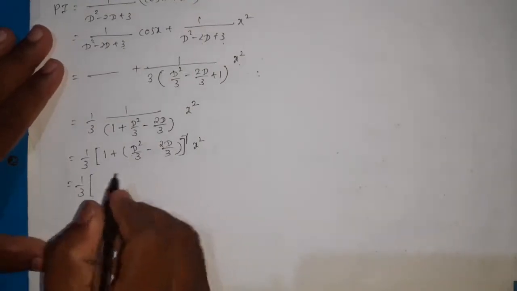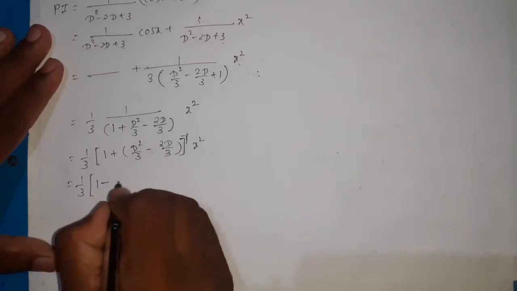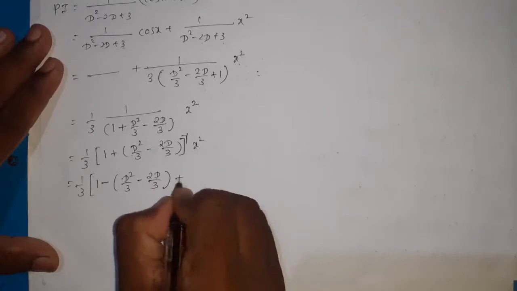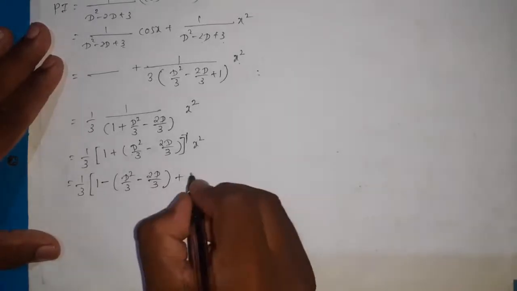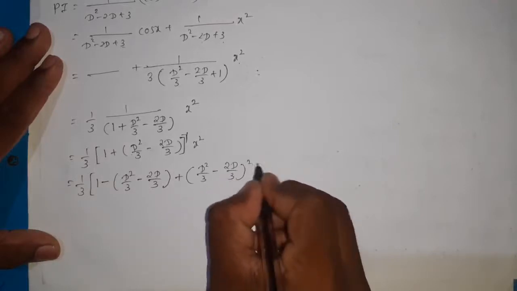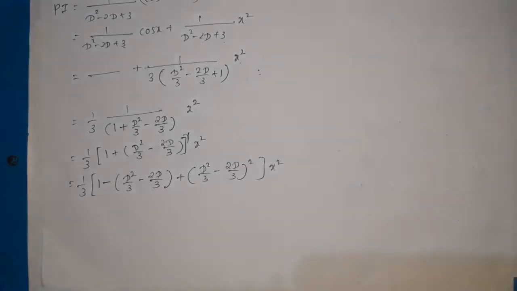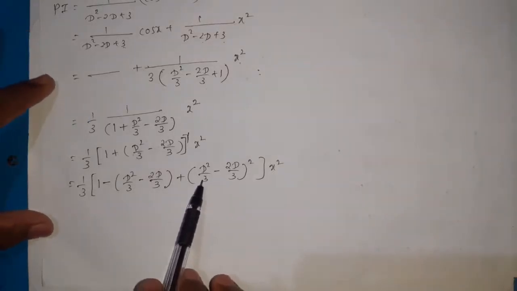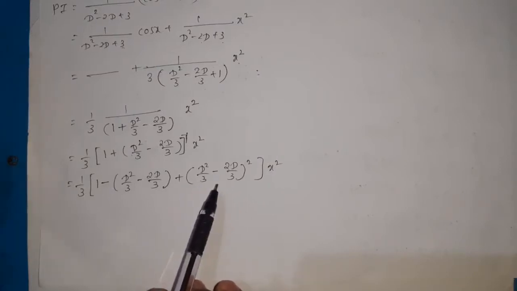After expansion, it is 1 − (D²/3 − 2D/3) + (D²/3 − 2D/3)² x². Since the highest power of x is 2, we cannot consider the third order derivative, fourth, and so on. In the third term, after expansion we get 3 terms.